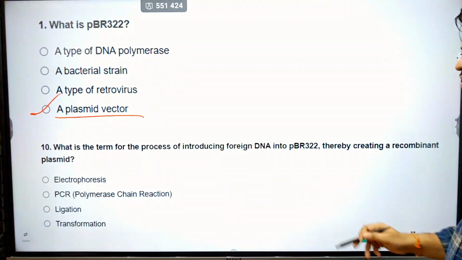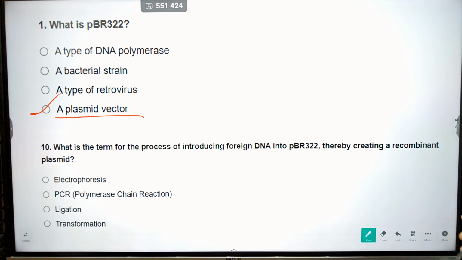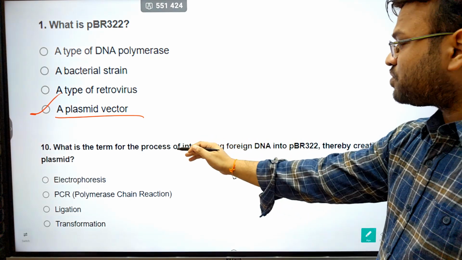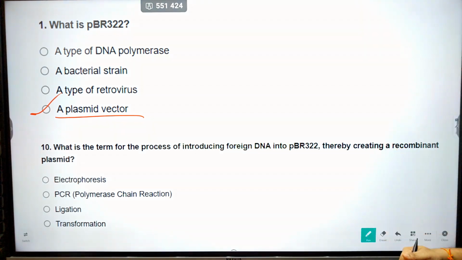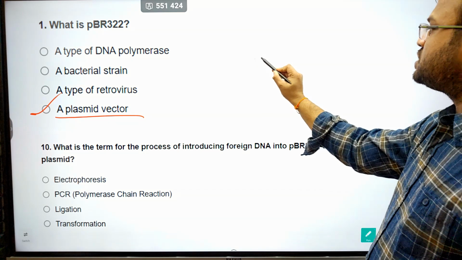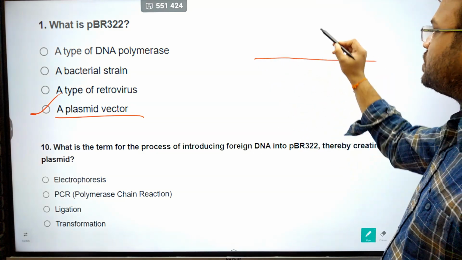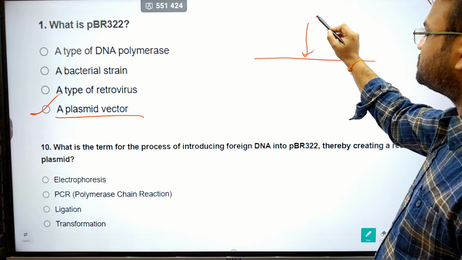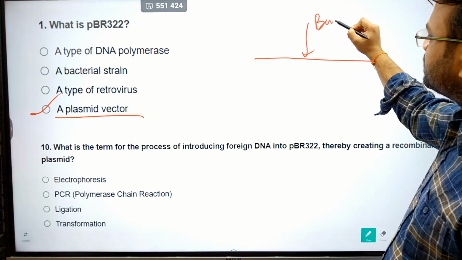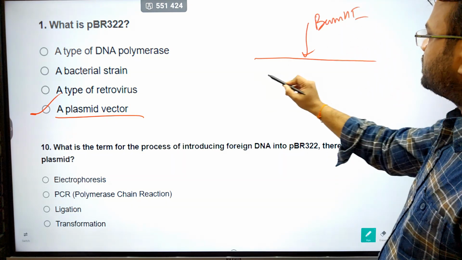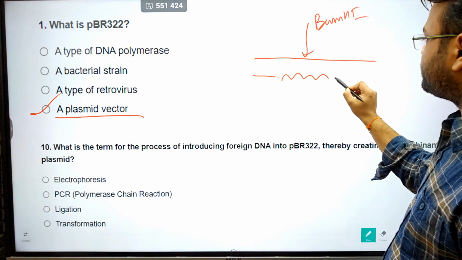What is the term for the process of introducing foreign DNA into pBR322, thereby creating a recombinant plasmid? That means this was, let us say, pBR322. You are cutting this by, let us say, BamHI, and then you are putting your gene of interest like this.